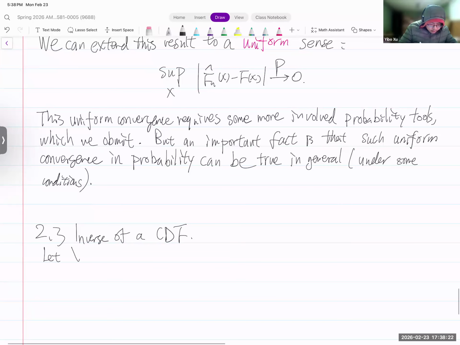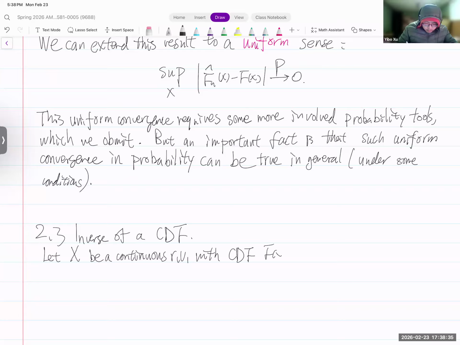Let X be a continuous random variable. Here we assume that this random variable is continuous, with CDF cap F of X. Now let's define a uniform random variable.